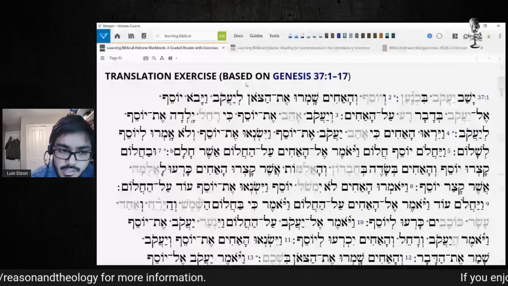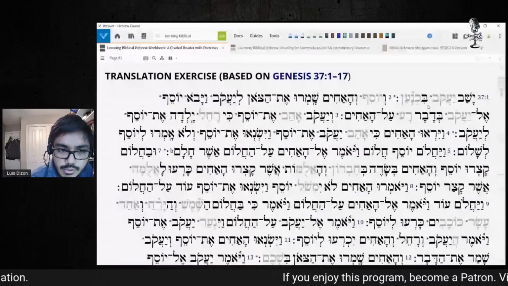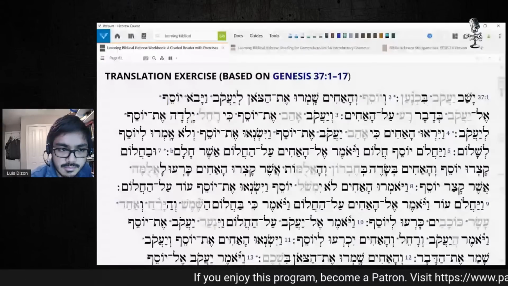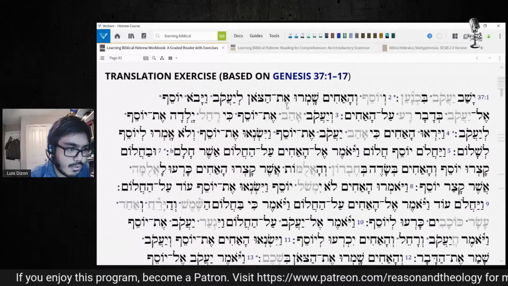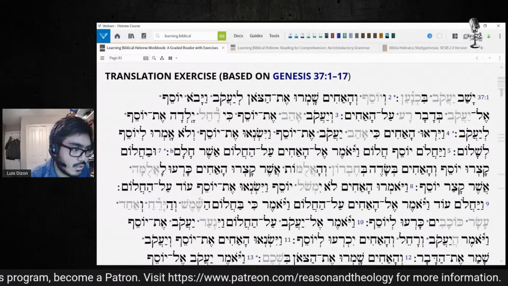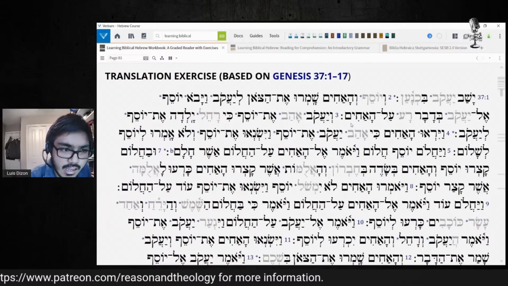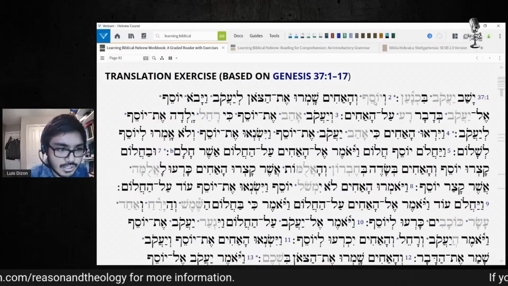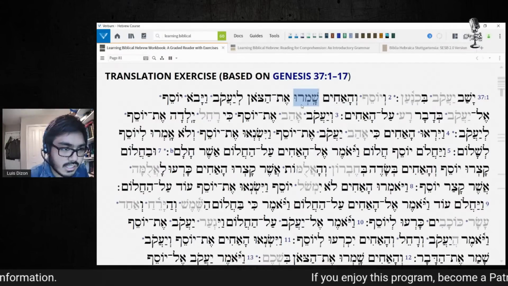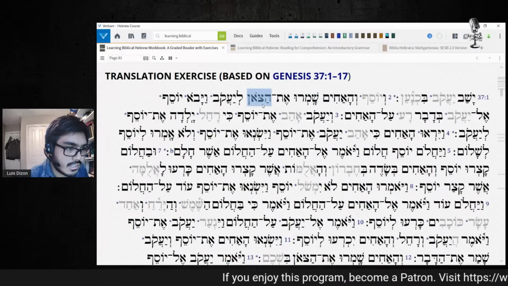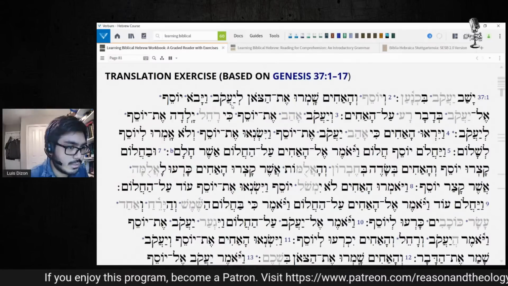Yashav Yaakov biknaan. So Yaakov, Jacob, dwelt in Canaan. And Joseph and his brothers, so they guarded the flock for Jacob, or they guarded Jacob's flock.